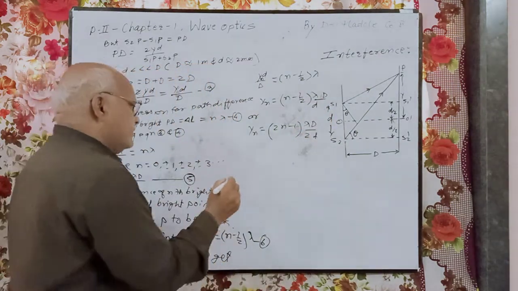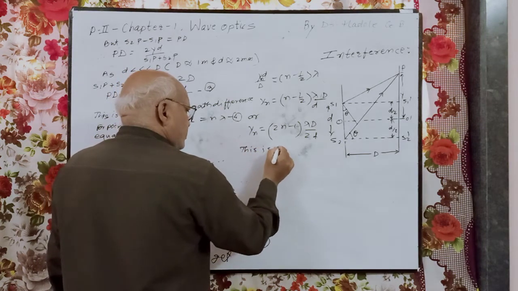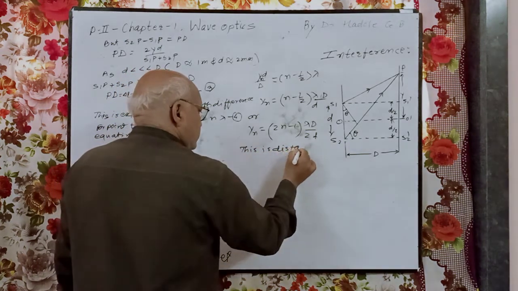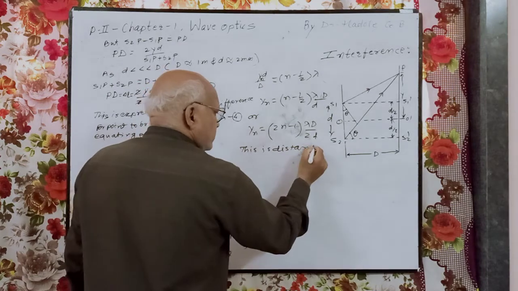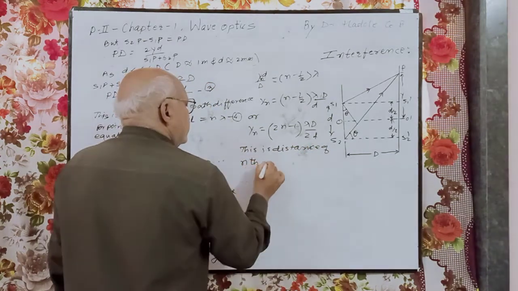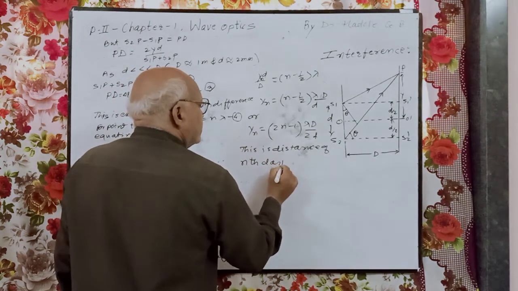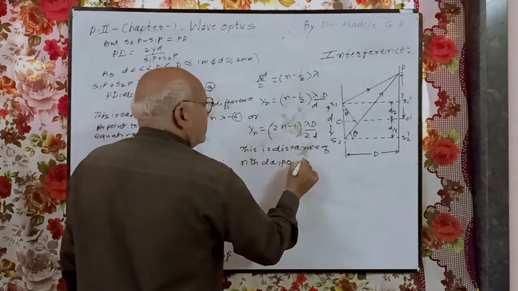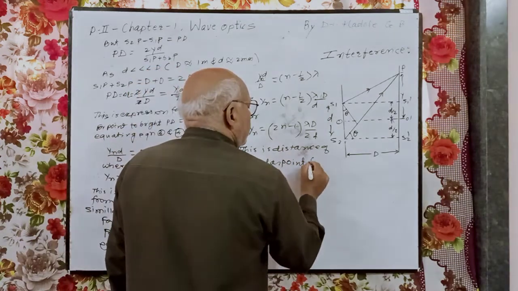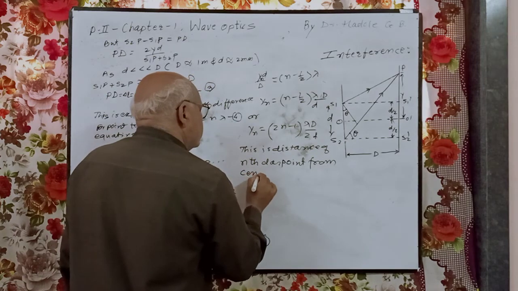So this is the distance of the nth dark point from the central bright point.